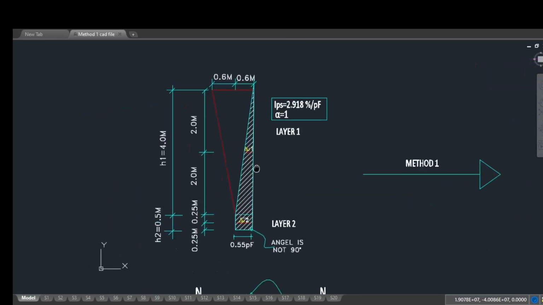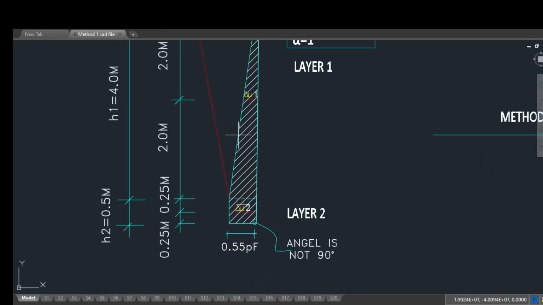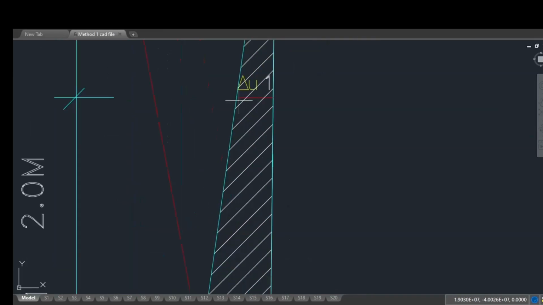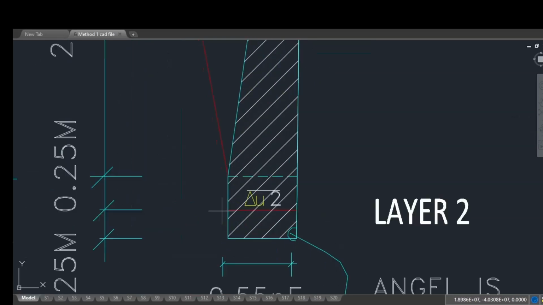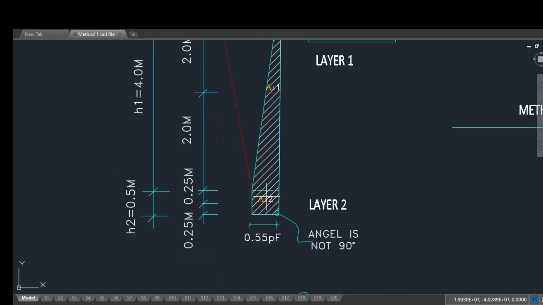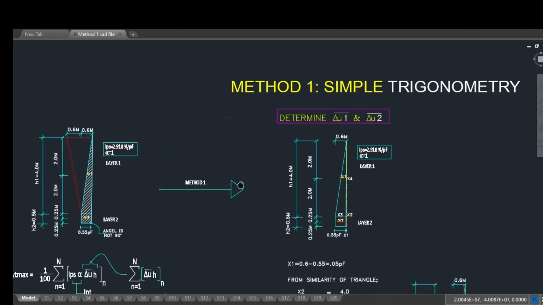In previous videos we have shown one method to calculate the average suction change of every layer, delta U1 and delta U2, the length of the red line here, and that was to simply draw it to scale on a CAD program and then measure it straight off. But in these coming presentations we will discuss 3 techniques we can utilize to manually calculate ytmax.